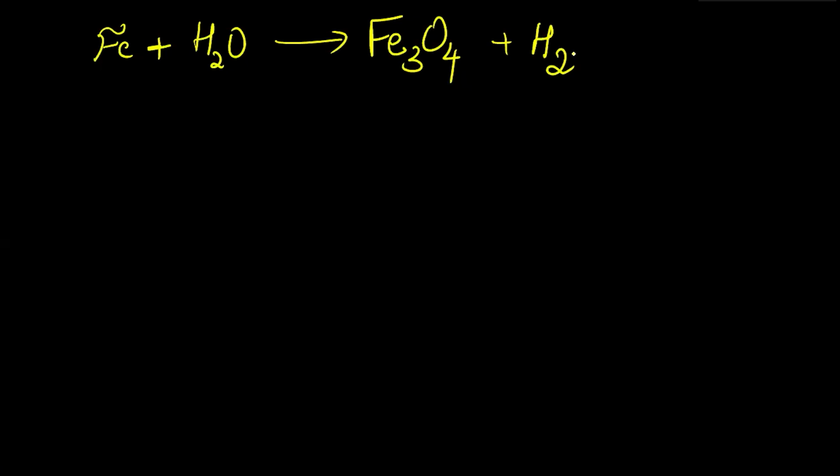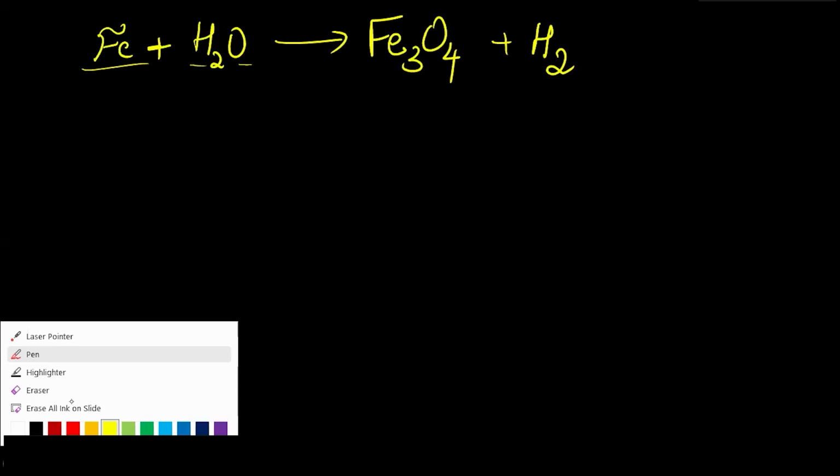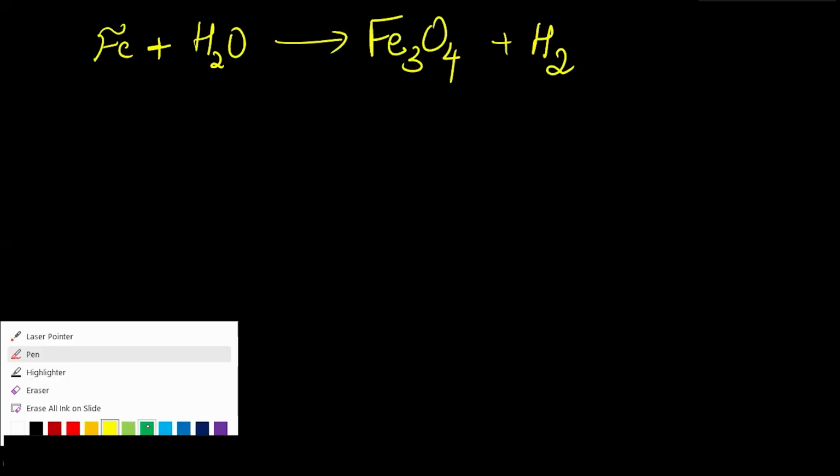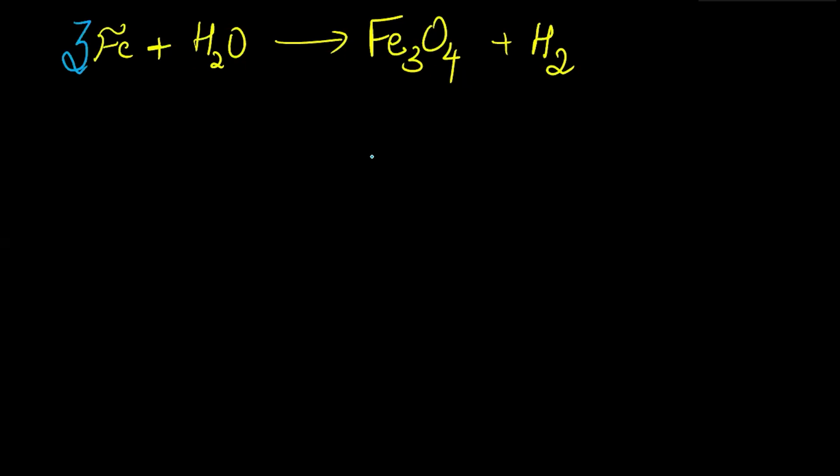Let us see what elements are present here: iron, hydrogen, and oxygen. We can start with the metal, which is iron. Iron is 1 here, 3 here, so put a 3 on the left side. Now iron is balanced, right?